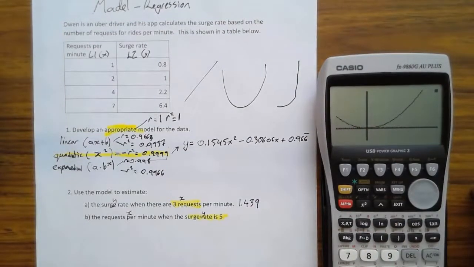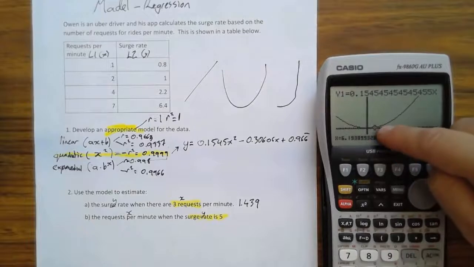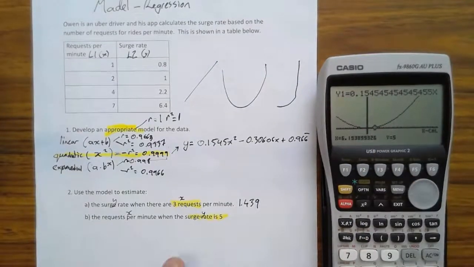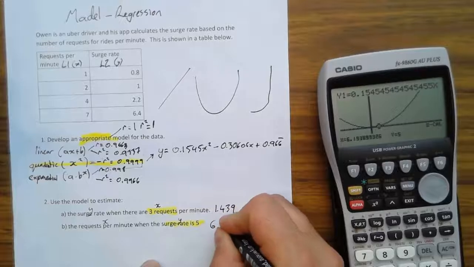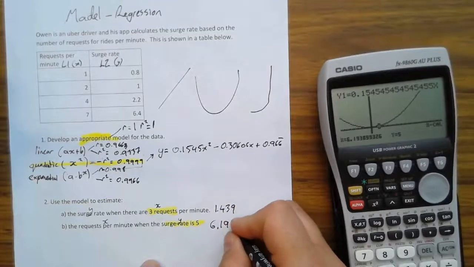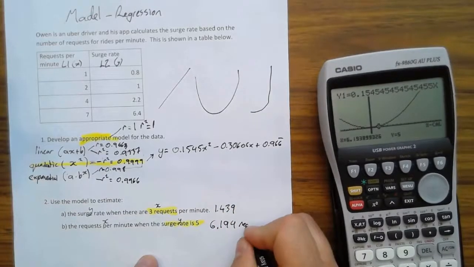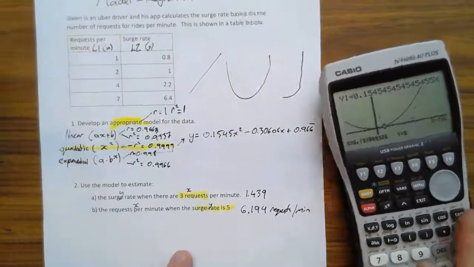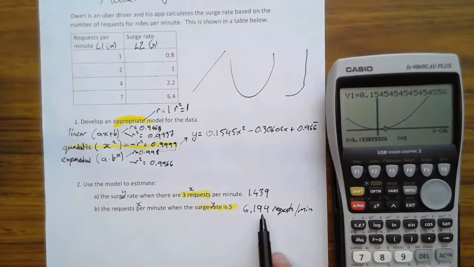So if I press the arrow across, it's going to go over to this part of the curve, and this seems more reasonable. Okay, request per minute, 6.1938, we'll make that 4 requests per minute. Okay, does that one seem reasonable?